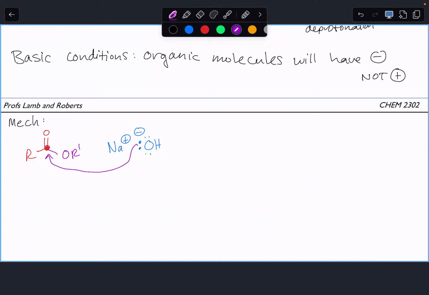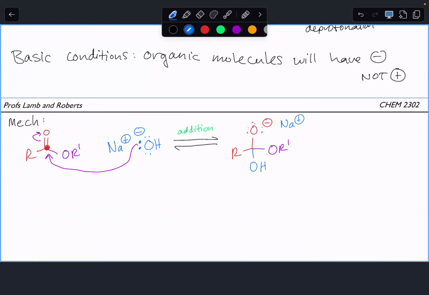Nucleophile attacks electrophile, break the weakest bond. So this is our addition step. This carbonyl oxygen now has a negative charge, but that's fine because we're in strong base. Like so.